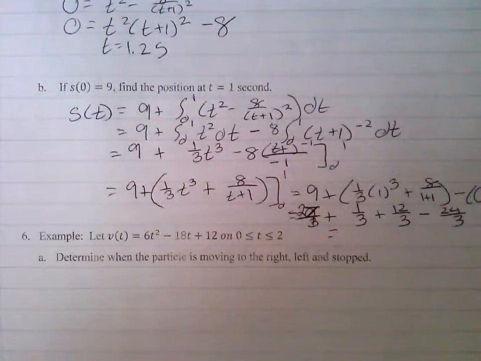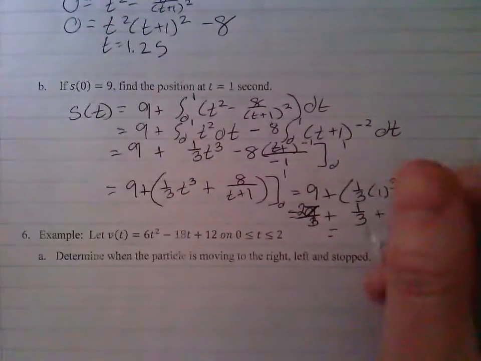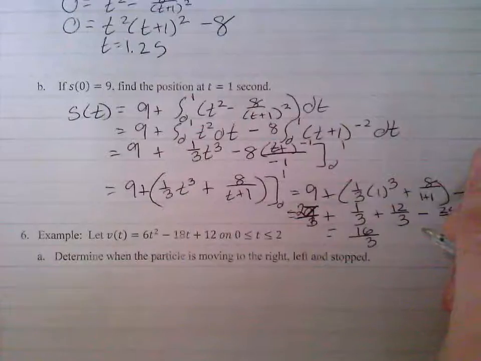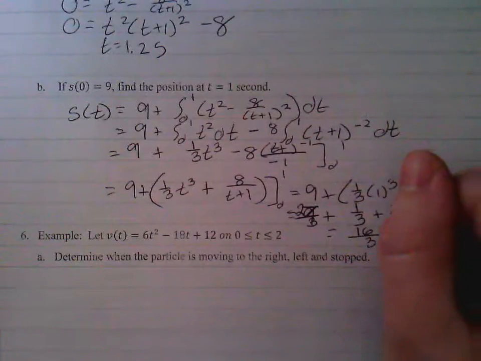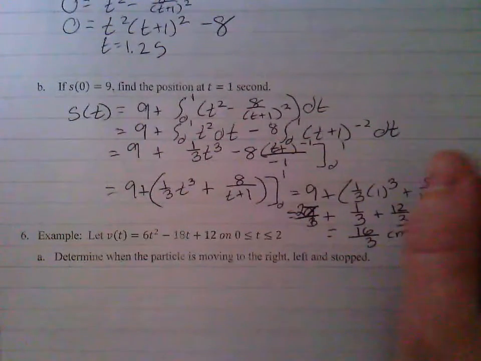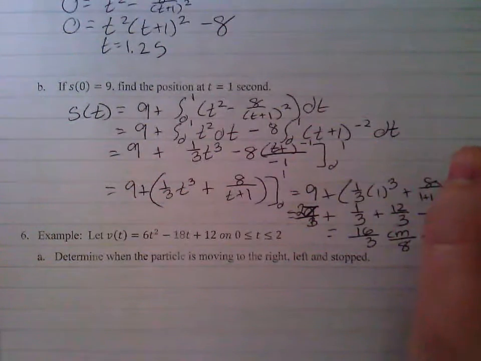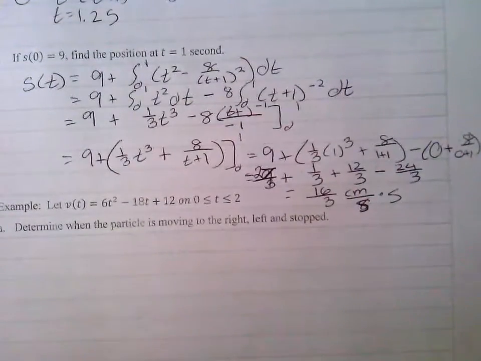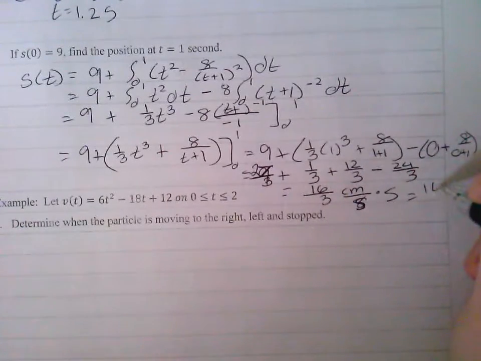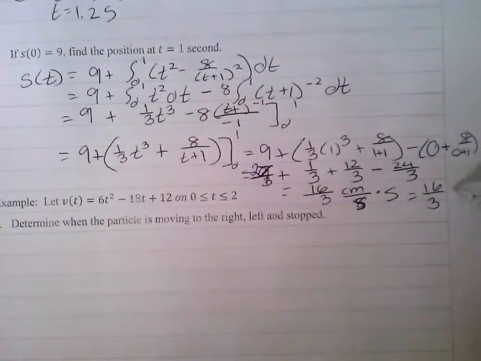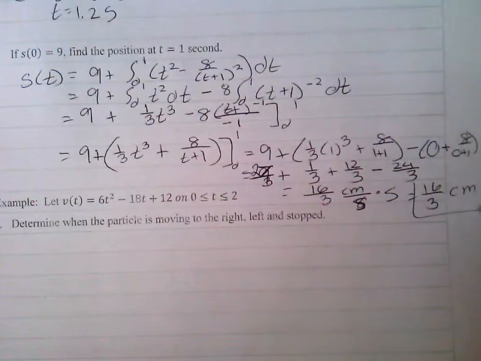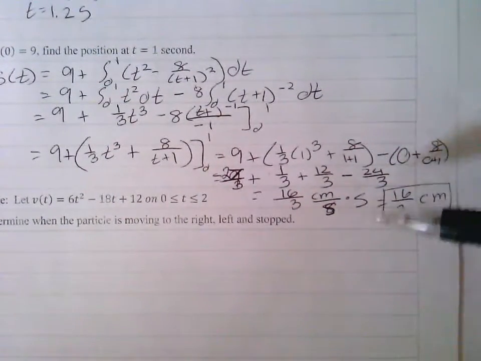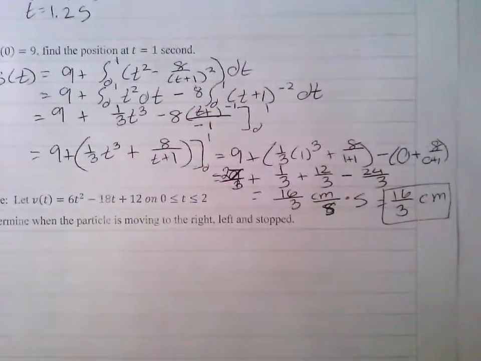And that is going to give you 16 over 3 centimeters per second. And then when you do this, you have to multiply by time, seconds. So your final answer is 16/3 centimeters. Okay? So when you do integrals, you got to multiply by the time, which is going to be in seconds.